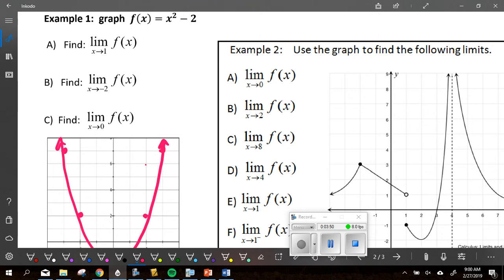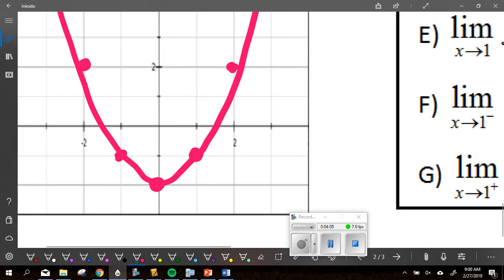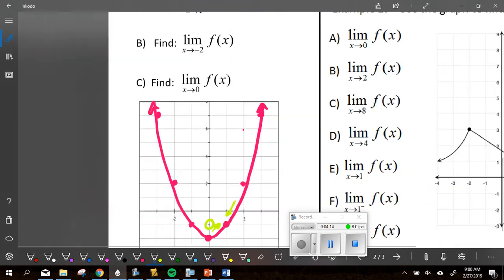So show me with your fingers, what do you think the limit is as x approaches 1 for that graph right there? Show me with your fingers. As we get closer and closer to 1, so here's my graph. Here's 1. As I get closer and closer to 1, boom, on this way and this way, I'm getting closer and closer to a y value of negative 1.